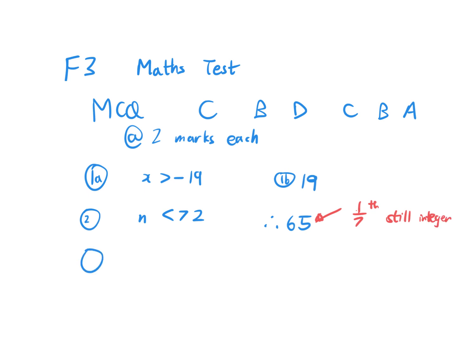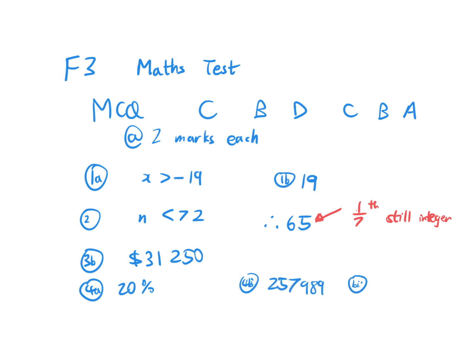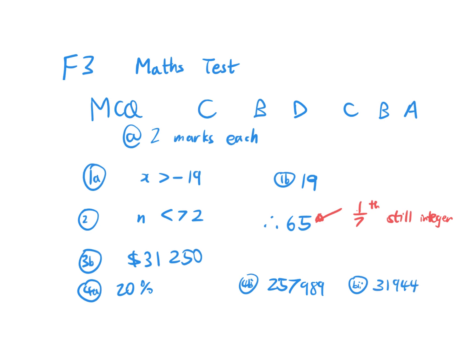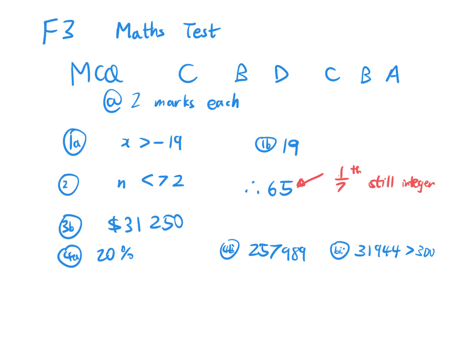Okay, and then for question 3b, the answer is $31250. Question 4, you should get 20% for part A, and for part B, 1 is 257989, B2 is 31944, which is greater than 30,000.